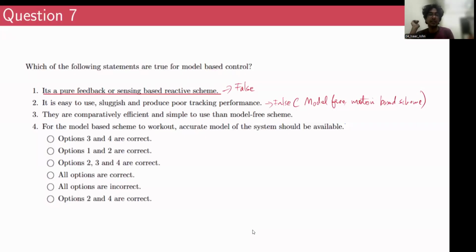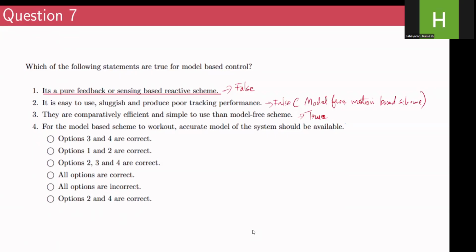The third statement is they are comparatively efficient and simple to use than model free schemes. That one is true. They are comparatively efficient because, as we have seen earlier with an example, motion based schemes are always sluggish. We have to wait until the error gets accumulated. But in a model based scheme, we know some information about the model, so they are much more efficient and faster than model free schemes.